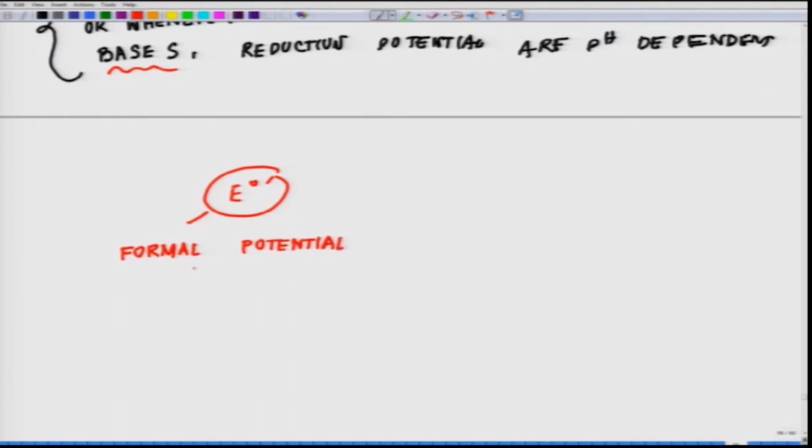We are getting into the domain of bioelectrochemistry now. It is a reduction potential that applies under a specific set of conditions, which includes pH, ionic strength, and concentration of complexing agent.